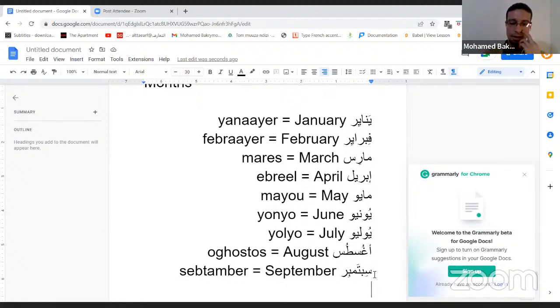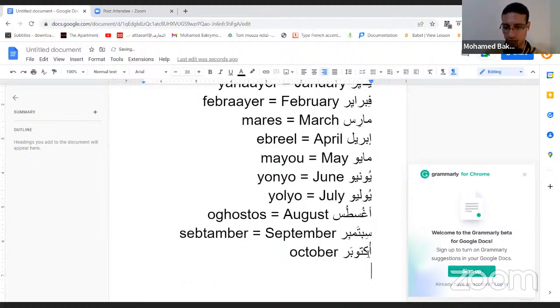And then October. Because I have this damma above the alif, like a small number 9, it makes me pronounce it O. October.